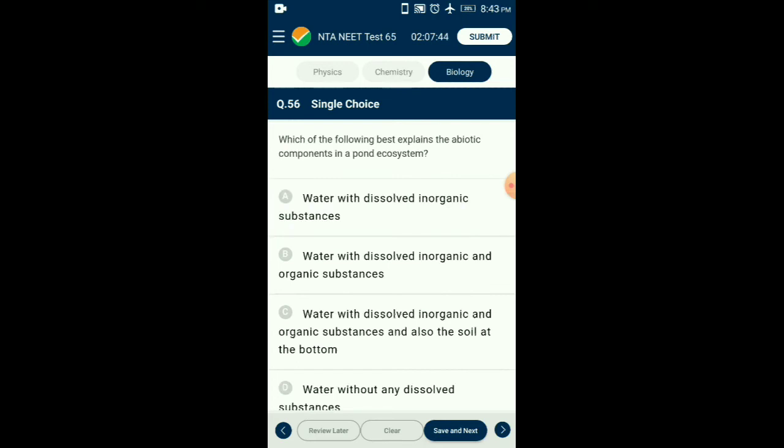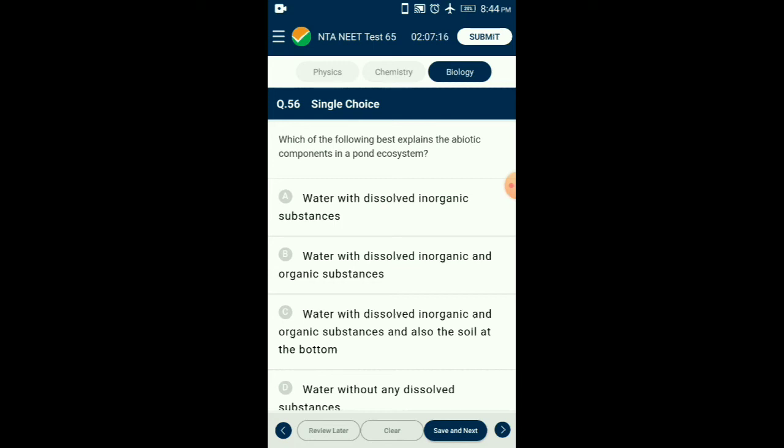Question number 56. Which of the following best explains the abiotic components in a pond ecosystem? Pond is a shallow water body which has all the four basic components of an ecosystem. Autotrophs: phytoplanktons, some algae, and the floating, submerged and marginal plants found at the edges.